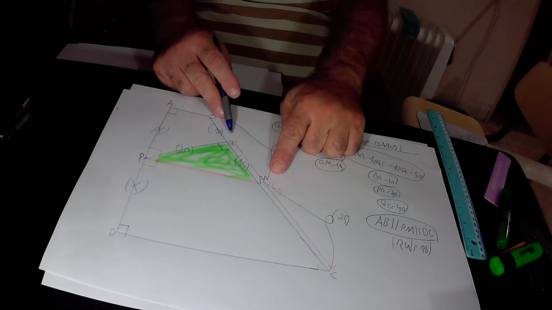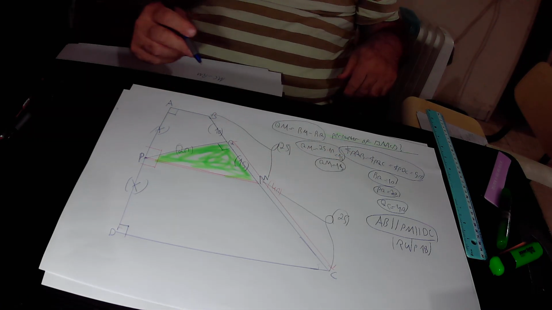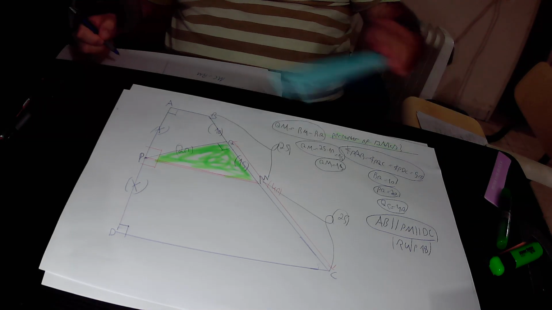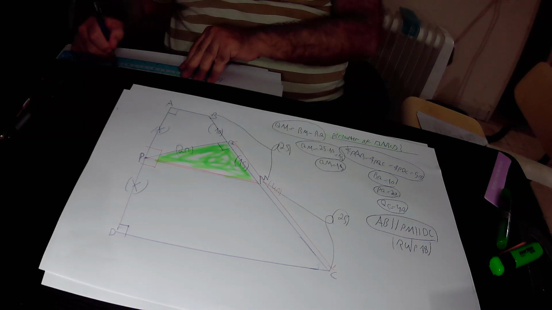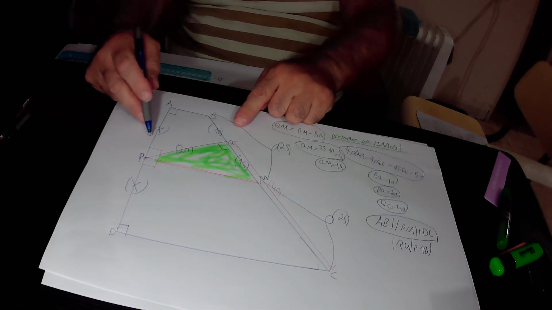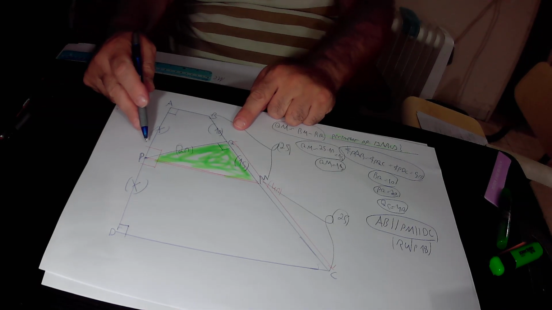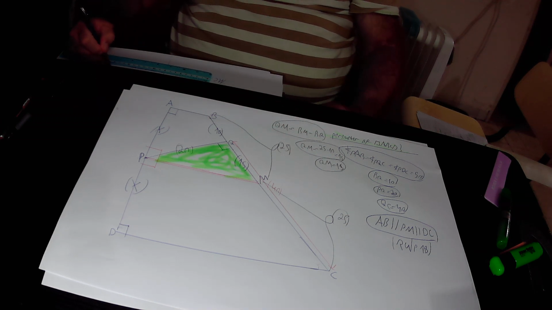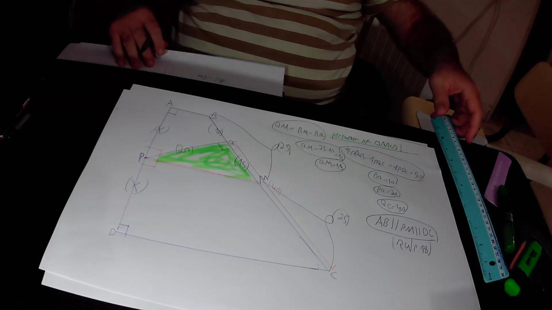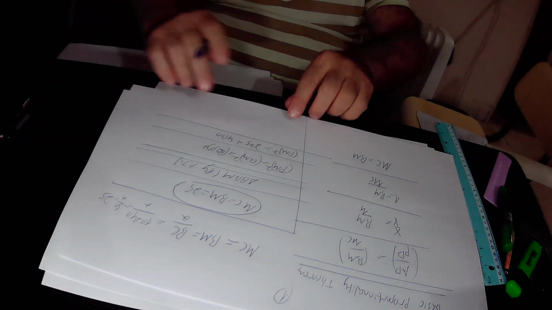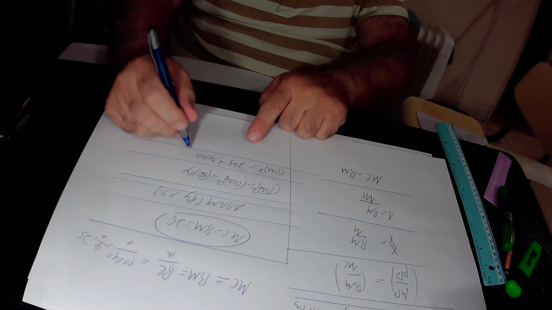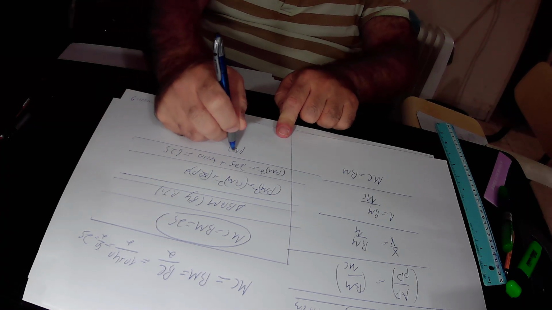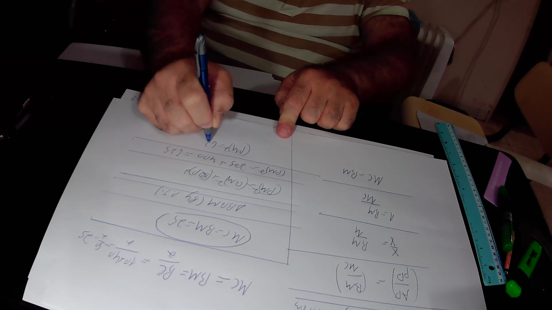QM squared. QM is 15, therefore QM squared is 15 squared, that is 225. Plus QP squared. QP is 20, therefore QP squared is 20 squared, that is 400. So in total we found out that PM squared equals 225 plus 400, that is 625.